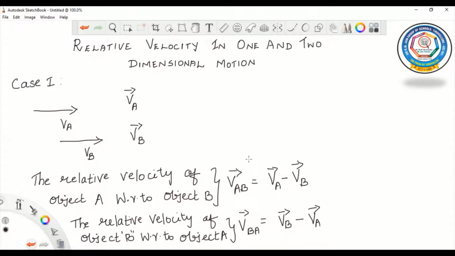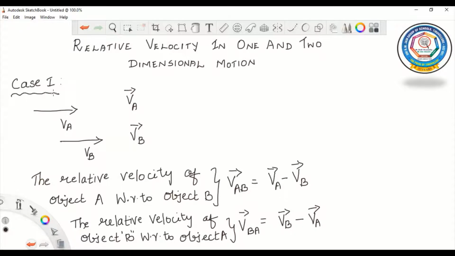Thus, if two objects are moving in the same direction, the magnitude of relative velocity of one object with respect to another object is equal to the difference in magnitude of two velocities. So if it is VAB, then it is VA minus VB. And if it is VBA, then this will become VB minus VA. Okay, this is the first case.